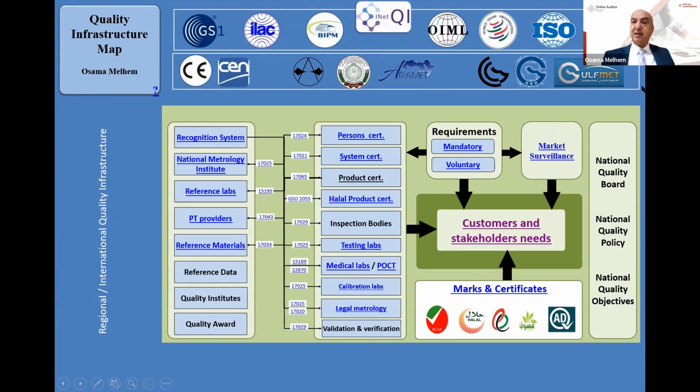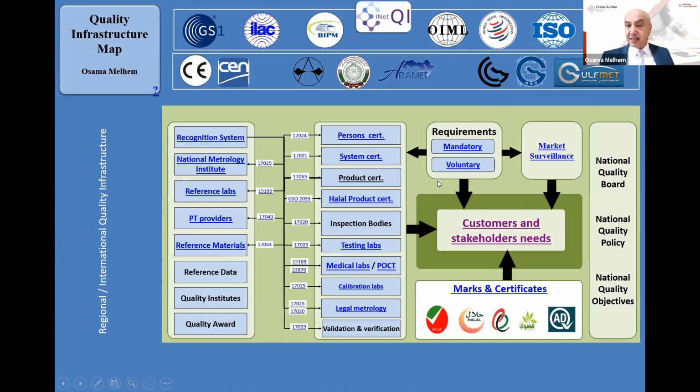For example, in the Gulf area here, at the national level, we have our own marks, but at the Gulf region, we have the G mark, which is a mandatory mark for mandatory products to hold. For example, the toys and tobaccos. Other products, also the electrical equipments. All these products have to hold the G mark to be allowed to be put into use in the Gulf area.